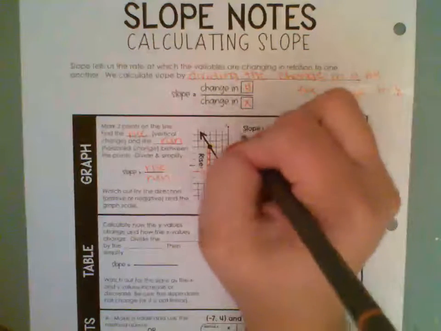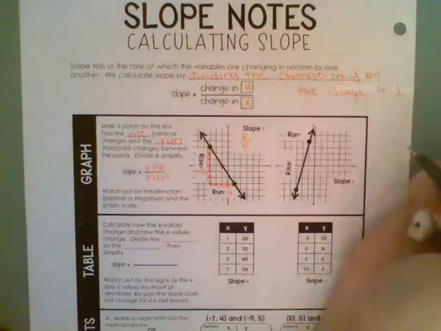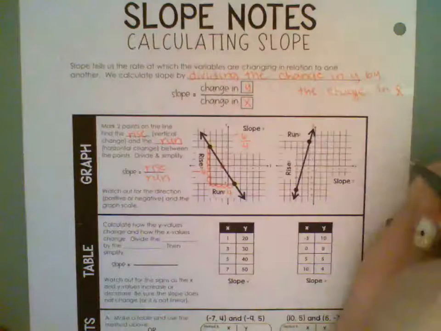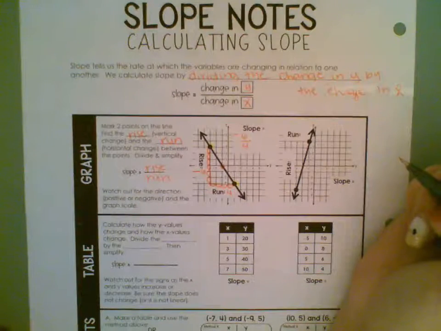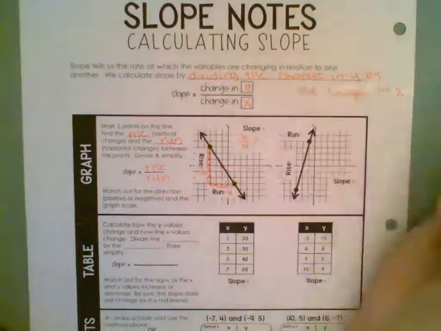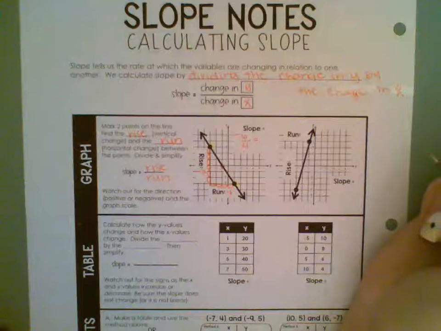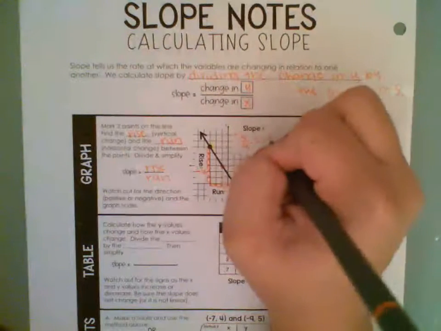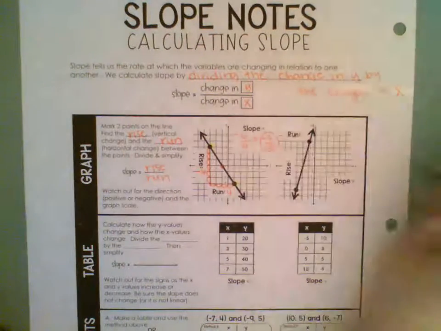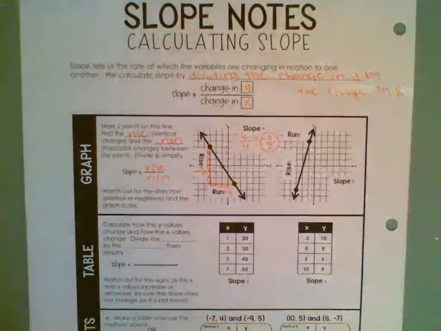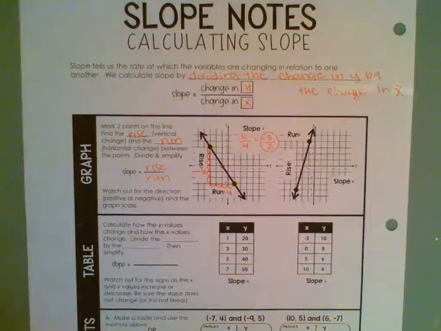So we had 6 over 4. And again, we said we went down, so it was a negative 6 over 4. But you have to simplify. And that does simplify to negative 3 over 2. If you're not sure, stick it in your calculator. And then check.